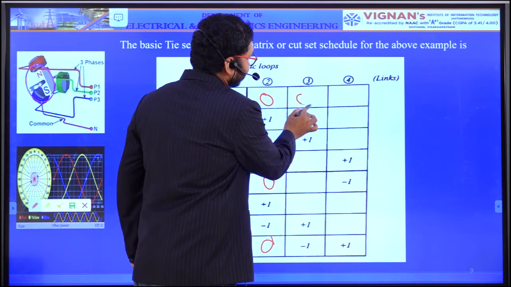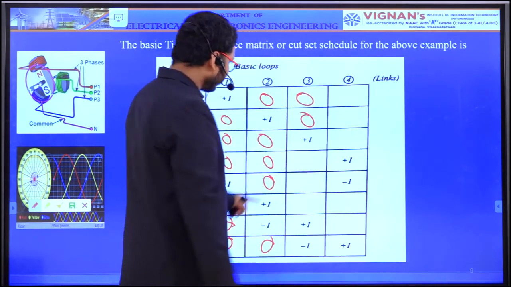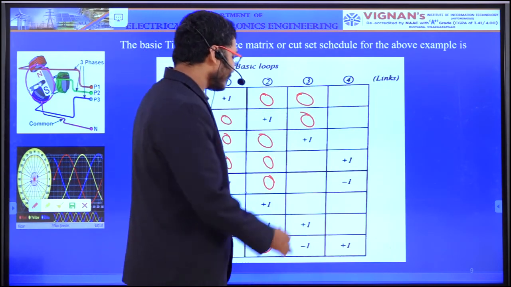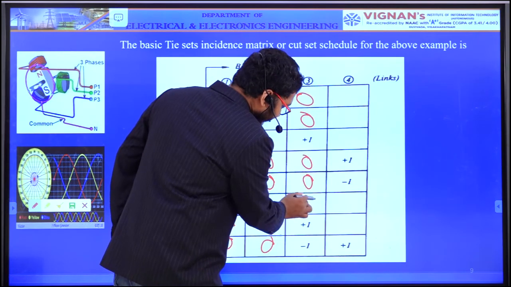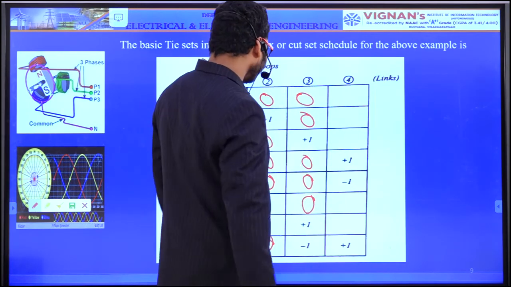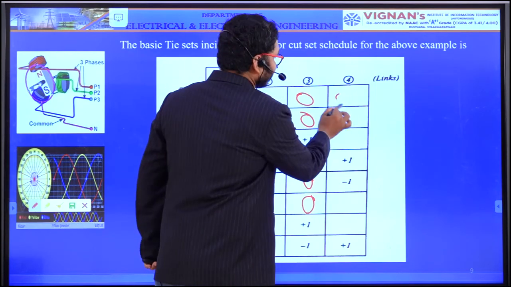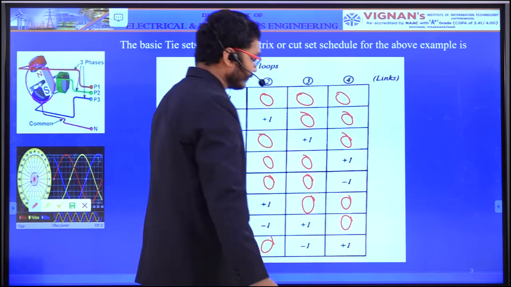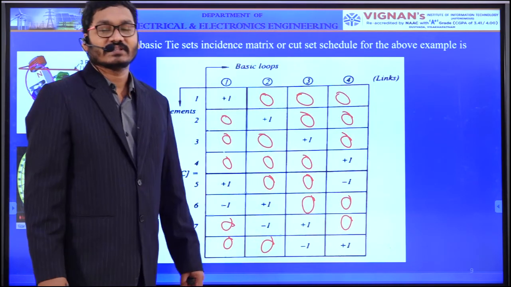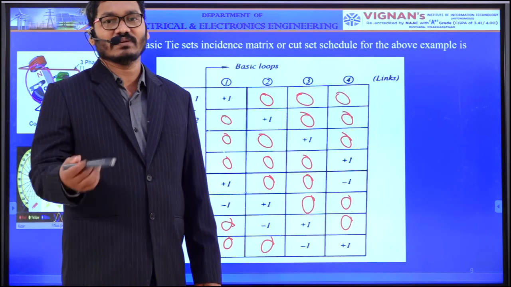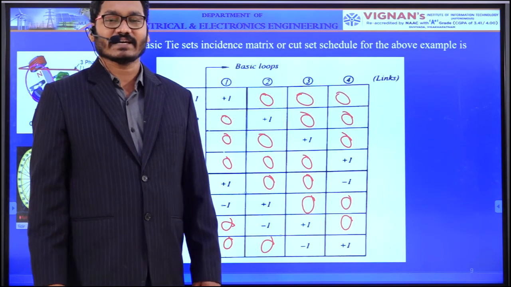For tie set 3, branches 3, 7, 8 are associated, the remaining are zeros. Similarly for the last one, branches 4, 5, 8 are associated, the remaining are zeros. If the branch direction is the same as the tie set direction, represent plus 1, otherwise minus 1.